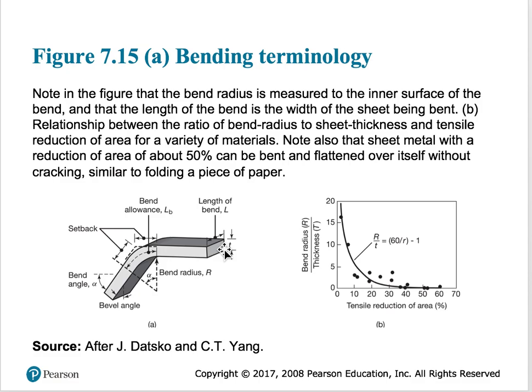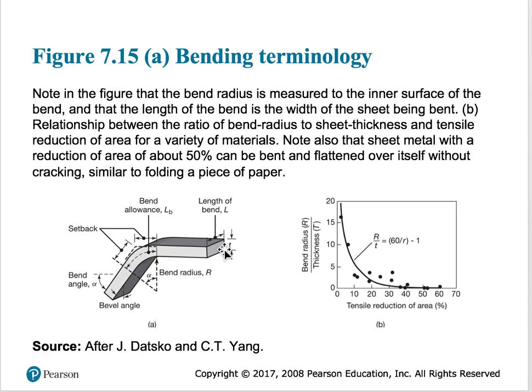In practice, the value K ranges from 0.332 for... what is R? R is the bend radius, and T is the thickness of your sheet.